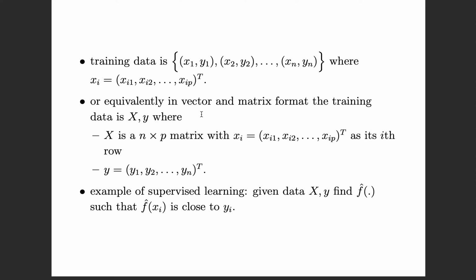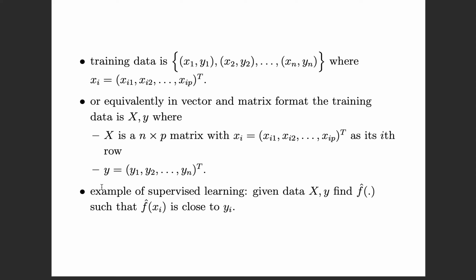And we can present it equivalently in a vector matrix format, where X is a matrix with n rows and p columns. N rows means each row is one observation. P columns means each column is a predictor, an independent variable, a feature.